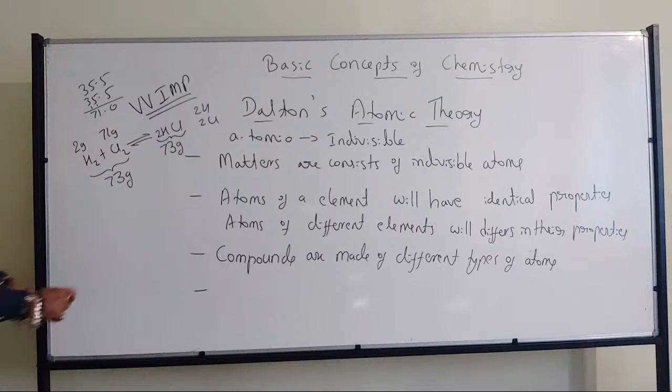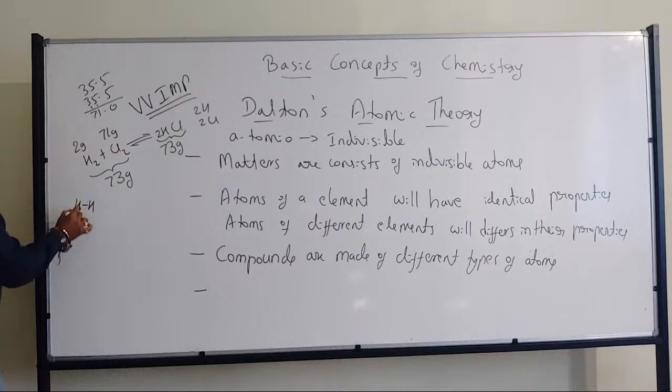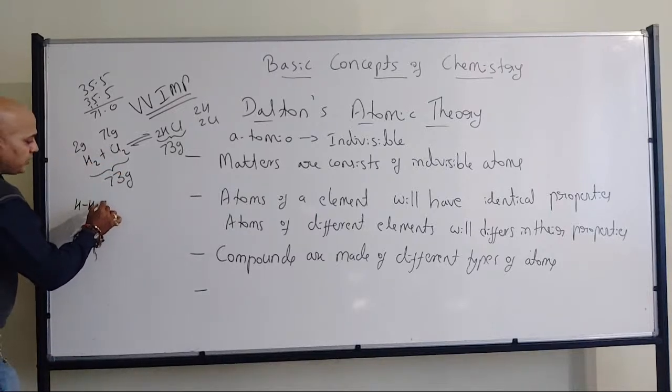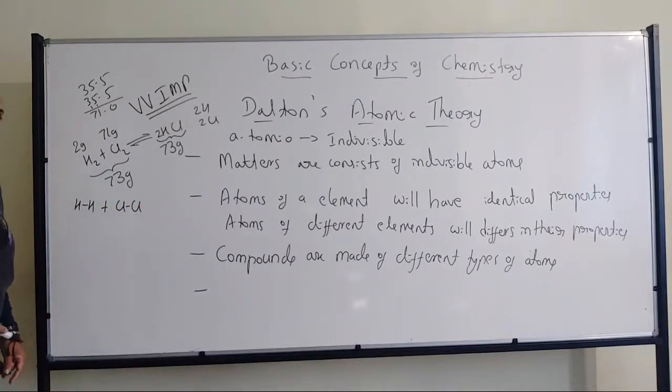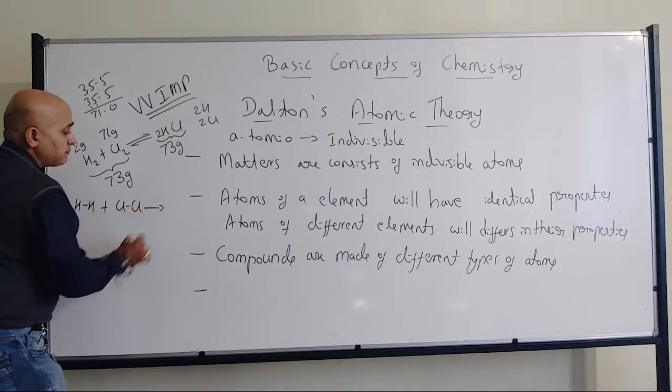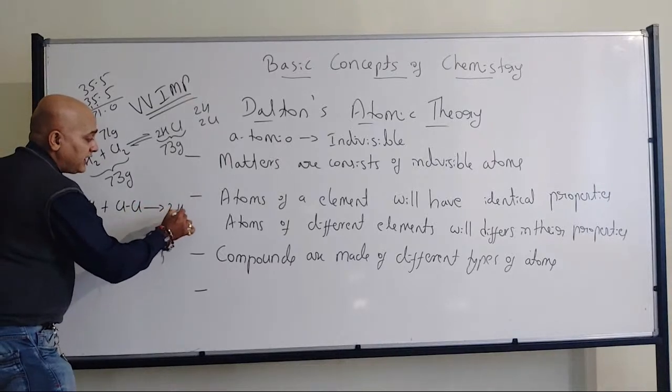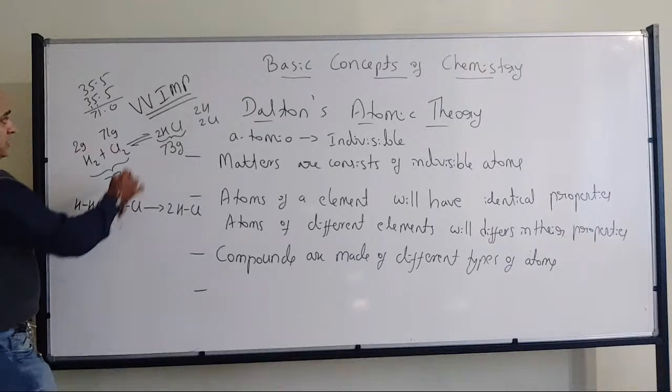But if you observe it carefully, if I take the reactant, hydrogen was bonding with hydrogen, and chlorine is bonding with another chlorine atom. But if I see the product, hydrogen is bonded with chlorine.